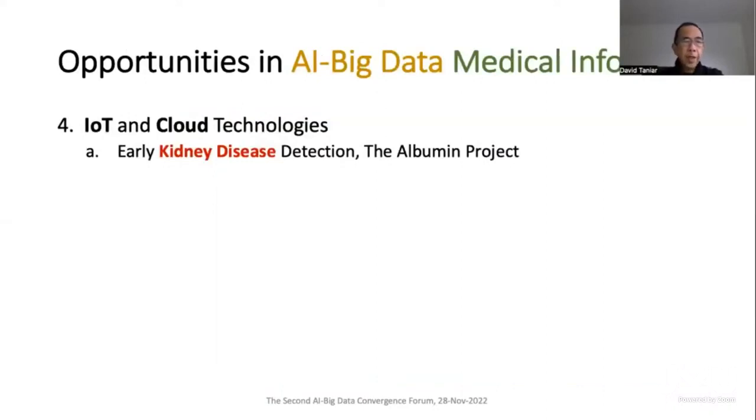The fourth one is the question of how to use computing technologies, in this case, IoT and cloud. Right? So I'm going to explain to you this project, which is basically using cloud technology to detect early kidney disease.